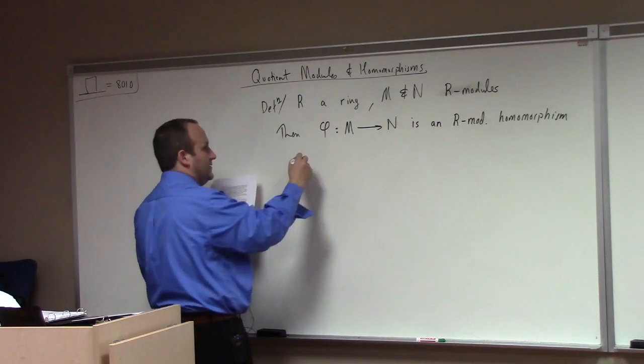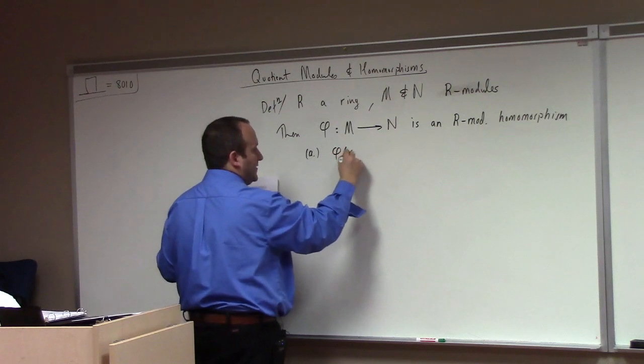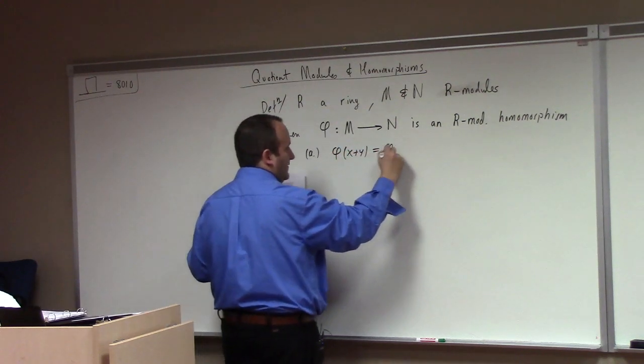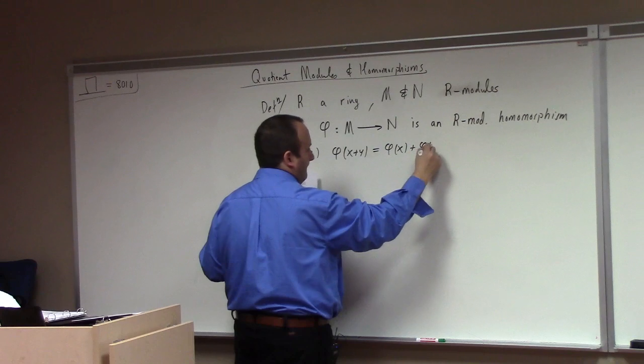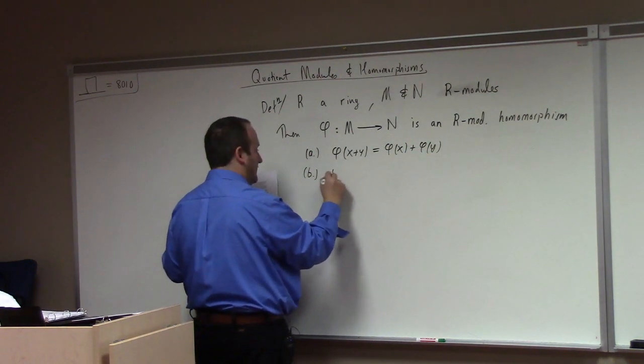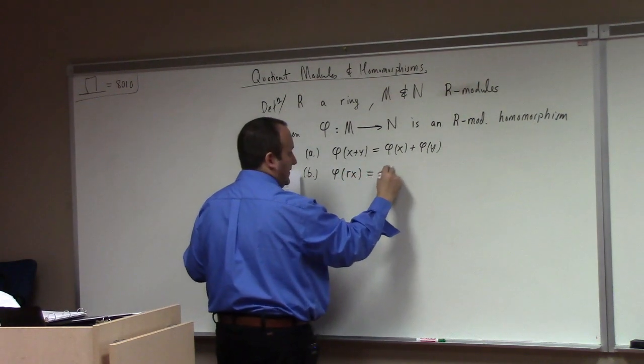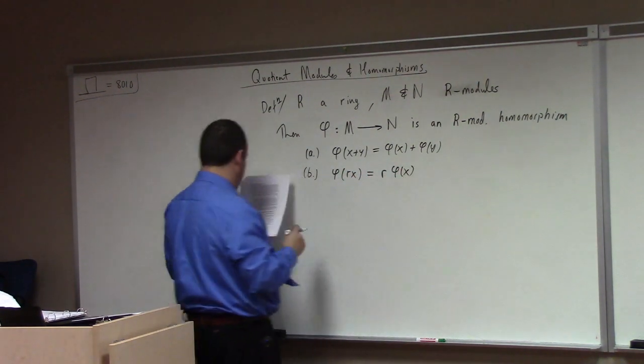If you have 2 things. Number A, φ(x + y) = φ(x) + φ(y). Number B, φ(rx) = rφ(x).